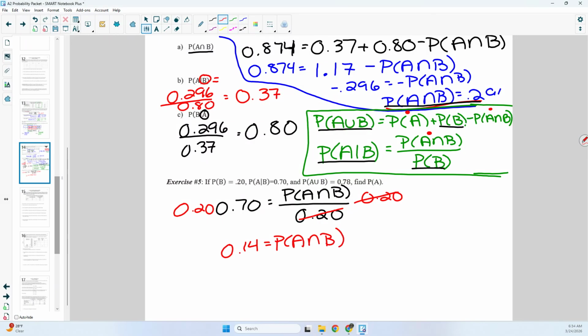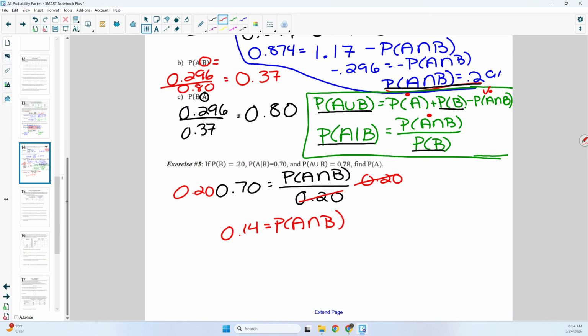So now I'm ready and I can use my first rule because now I do have this piece of information. So P of A union B, 0.78, equals P of A, which is the thing I'm trying to find, plus P of B, which is 0.20, minus the new value I found, which is P of A and B, which is 0.14.